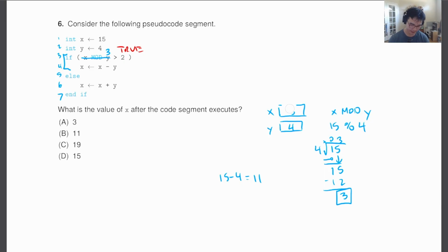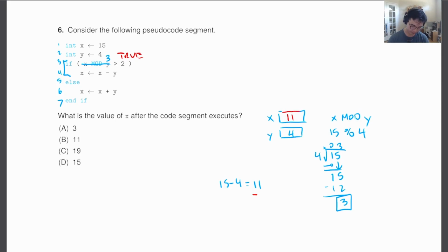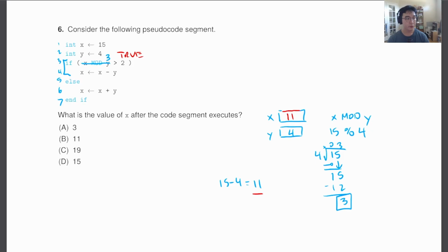So x is now 11. The question asks, what is the value of x after the code segment executes? Well, x is now 11, and we have that here.